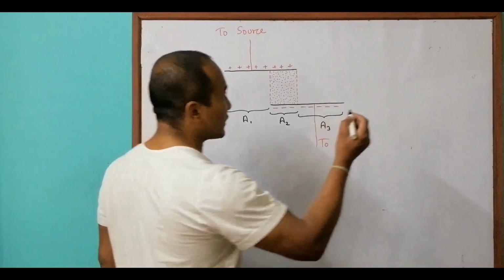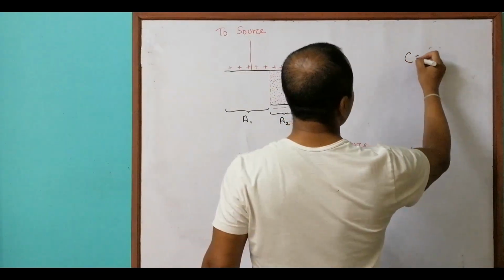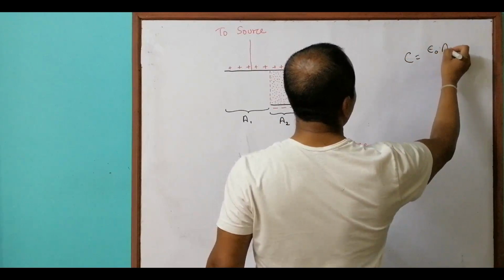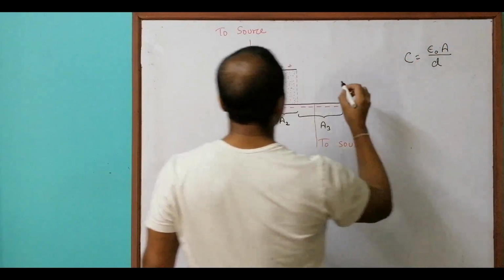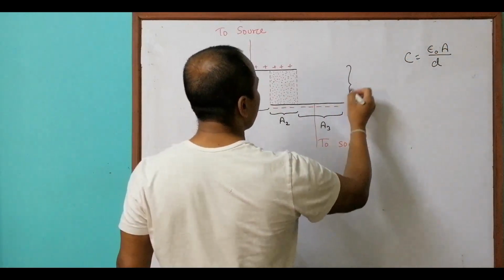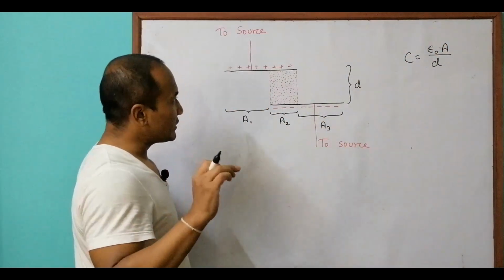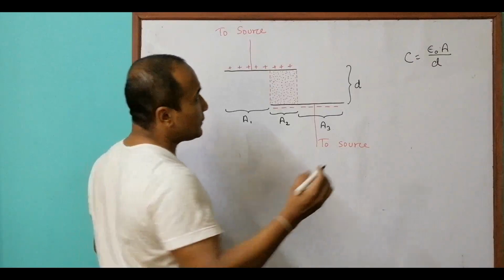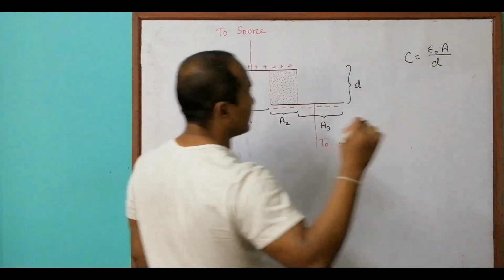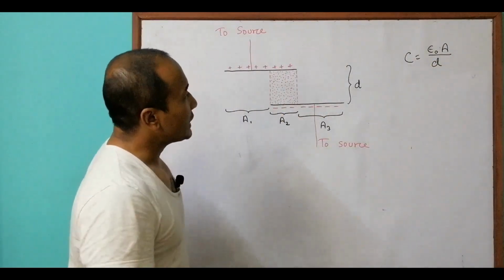The formula for capacitance, as you know, is C equal to epsilon naught A by D. D is this separation. Let me say it is parallel. Wherever it is overlapping, it is parallel, so D is the same for all. If there is vacuum inside, it is epsilon naught.